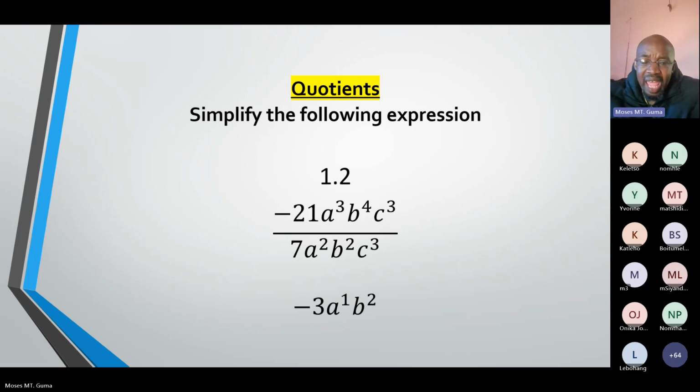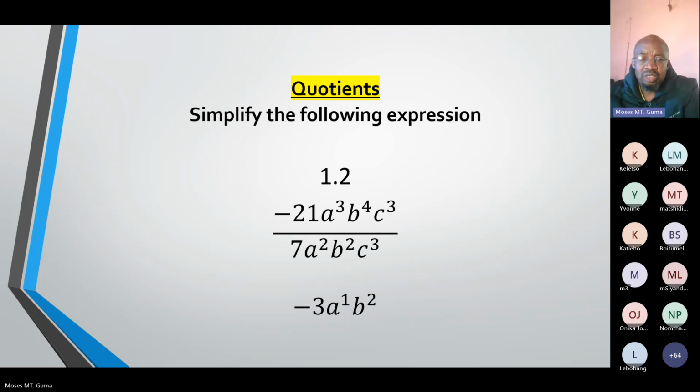We know that anything that is raised to power 0, it would be 1. Now, c to power 3 divided by c to power 3 is actually a 1 there. Now, you multiply this by a 1, you would just get minus 3ab squared. And how many marks are we getting here, say? It would be a beautiful 2 marks.